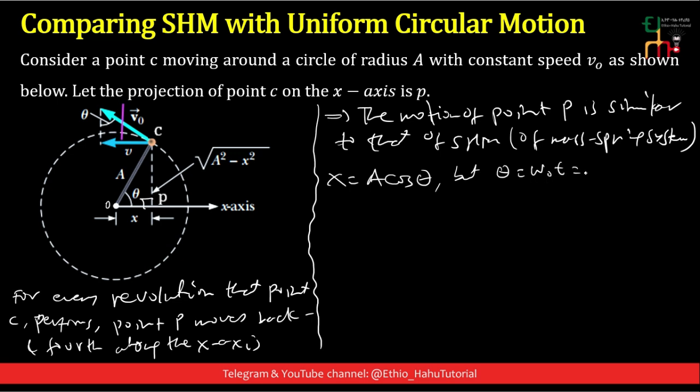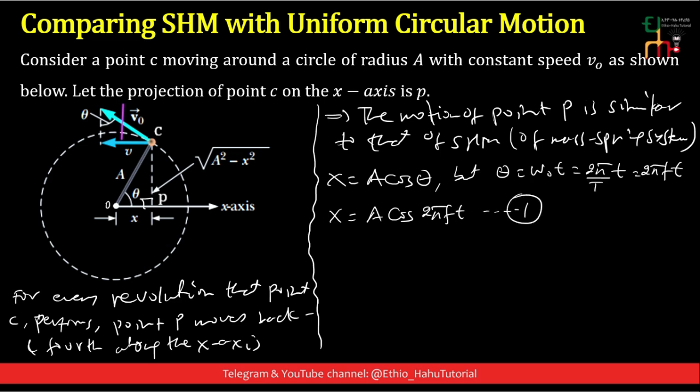Omega naught is the angular frequency of point C, 2 pi over period, and 1 over period is frequency, so omega naught is 2 pi f. Therefore, x is equal to A times cosine of 2 pi f t. This is our first equation.